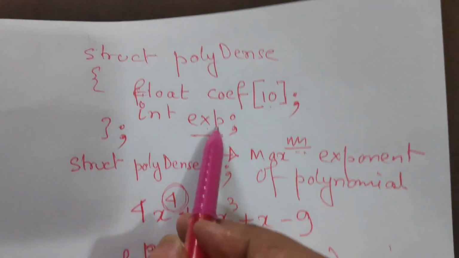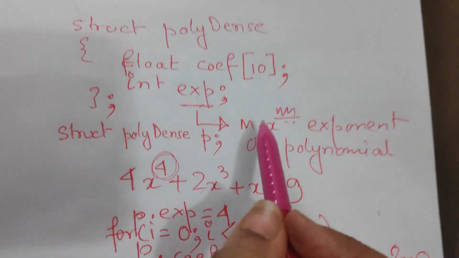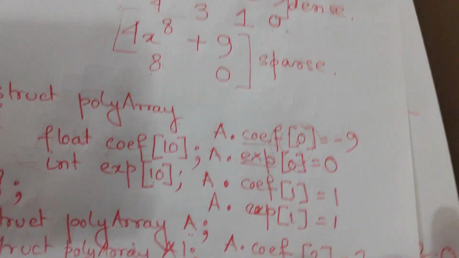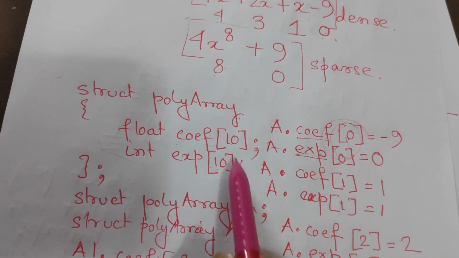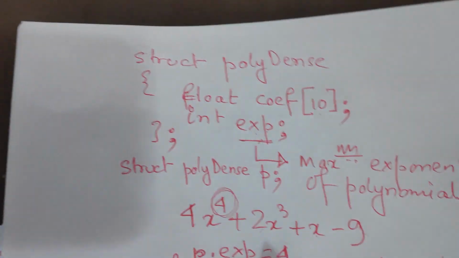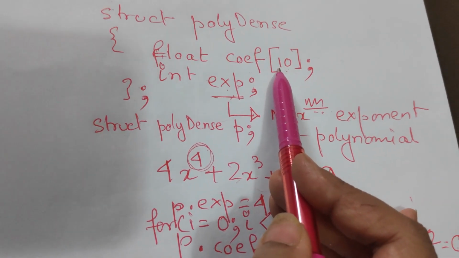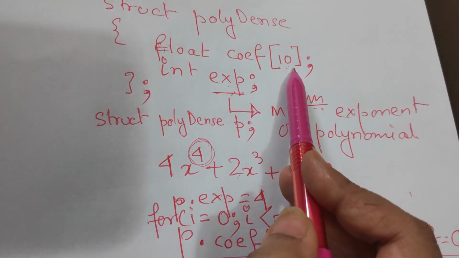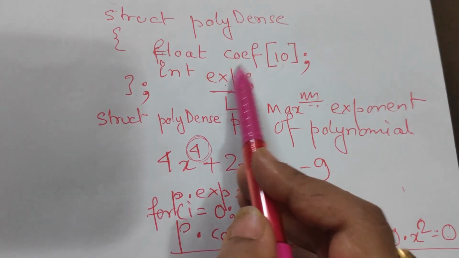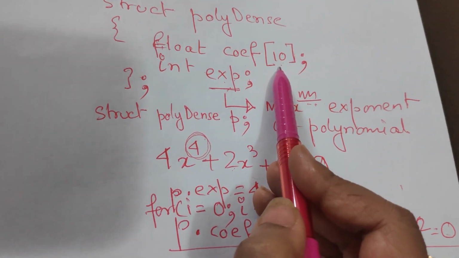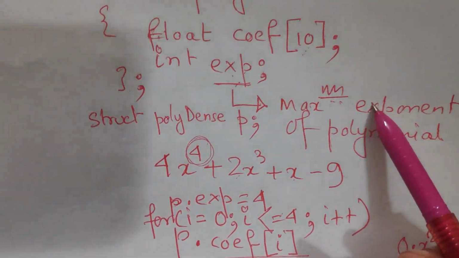So you see, the memory required in this representation is much less than the memory required in the previous representation for dense polynomial that I showed. So this is a better way of representation, and since we have already statically said that we can store 10 terms for this polynomial, whether we store 0 as the coefficient or something else would not matter, because the memory taken would remain the same.